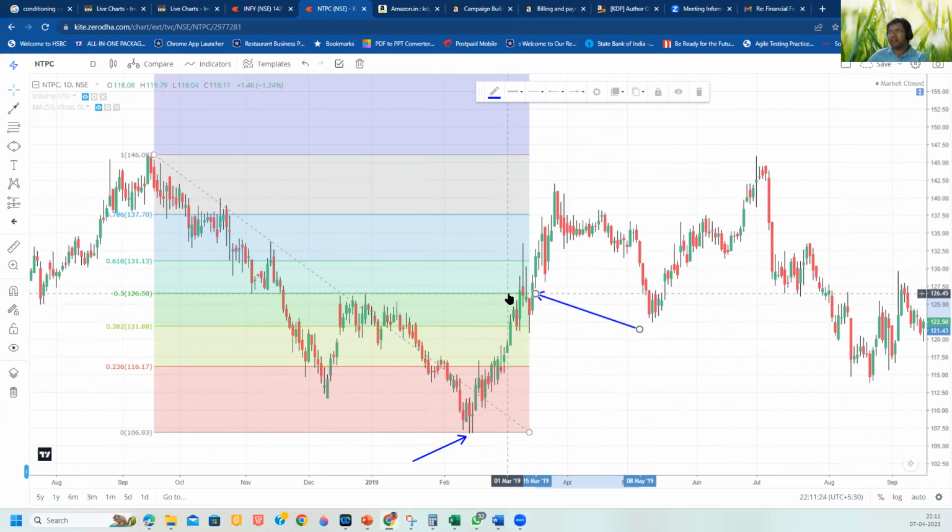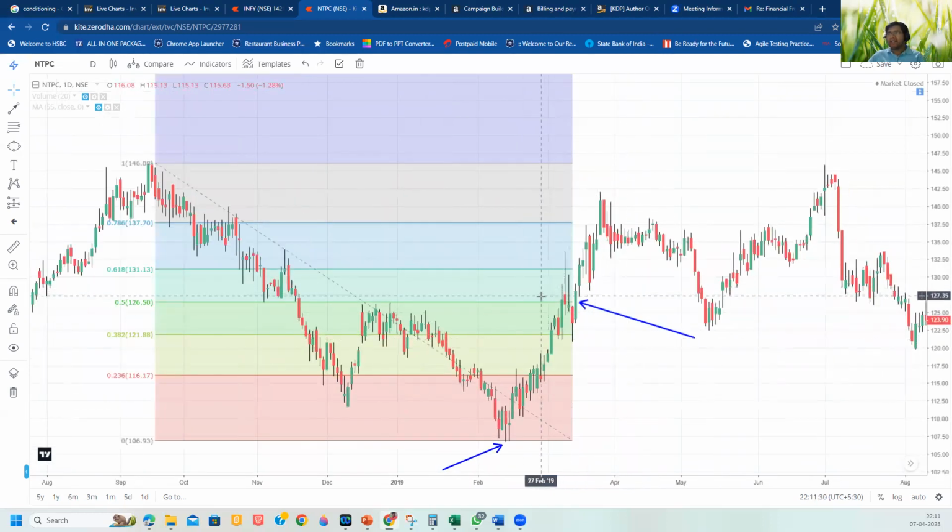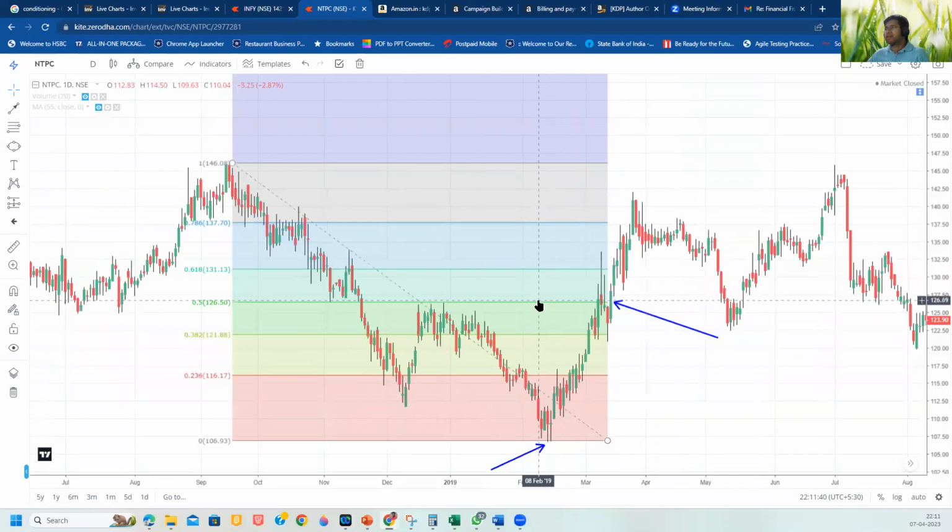That means the retracement is happening more than 50% and there is no point in staying. This is the final signal for you to take your decision. So these are small points, but very, very effective when we learn.